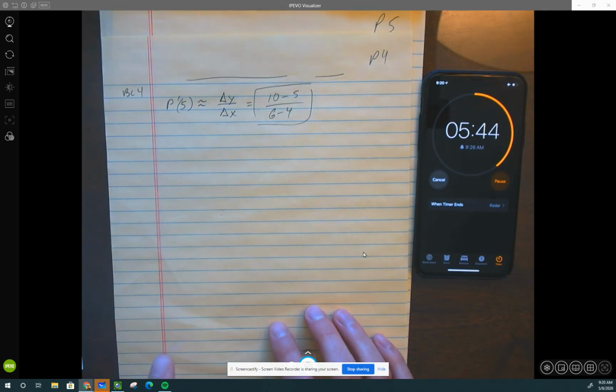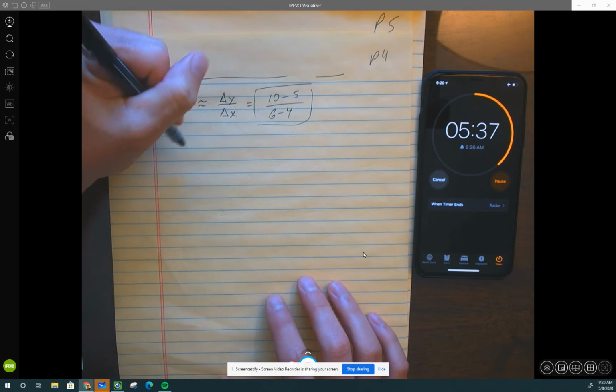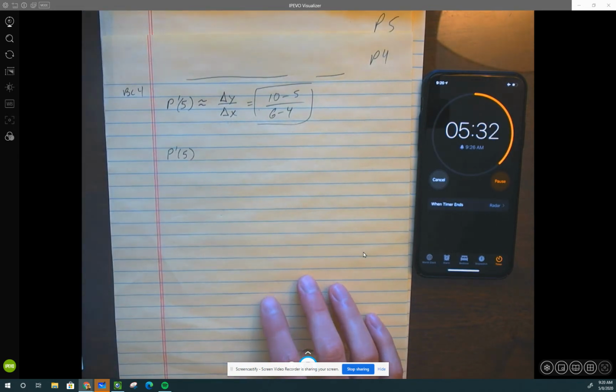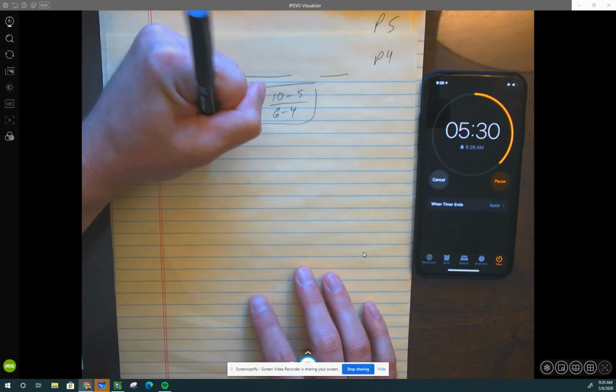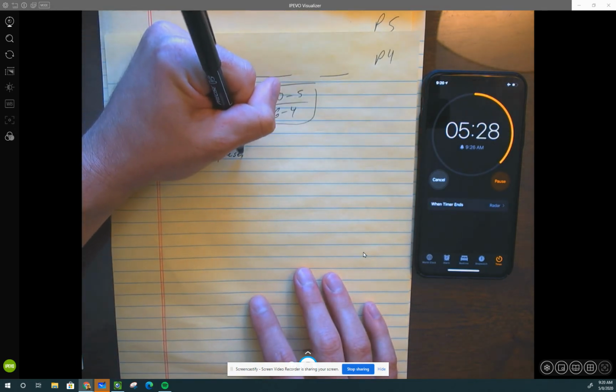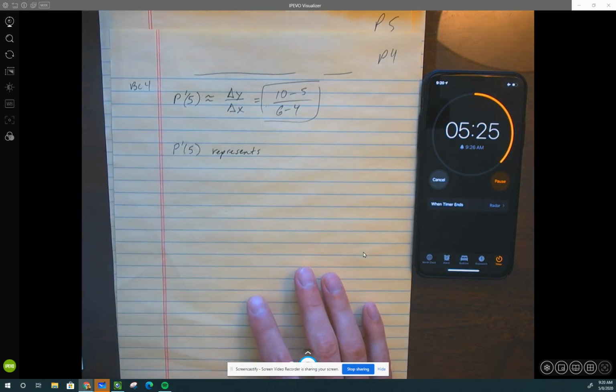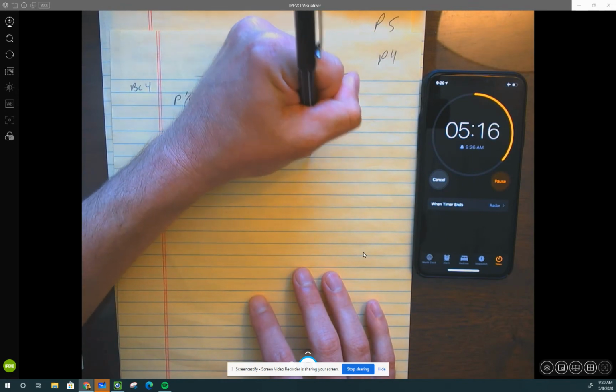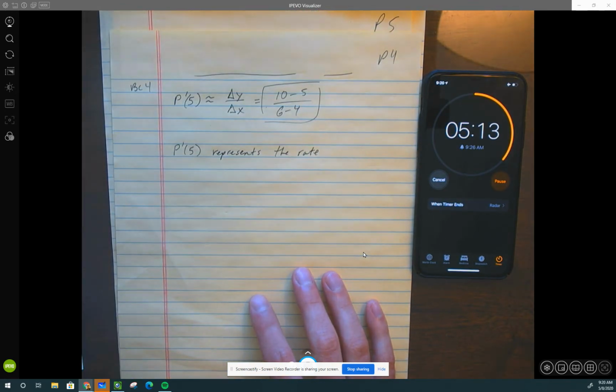I don't think I need units because it says approximate p, like give the value, and then it says using units interpret the meaning. So p sub prime of 5 represents the rate, because it's a derivative. So it's the rate of what? It's the rate of this thing, which is already a rate.